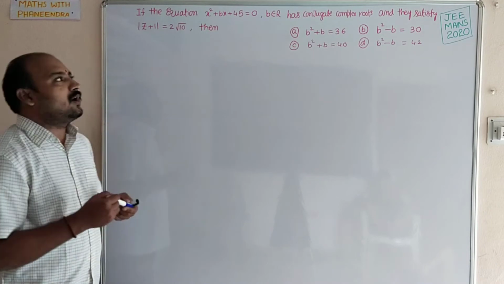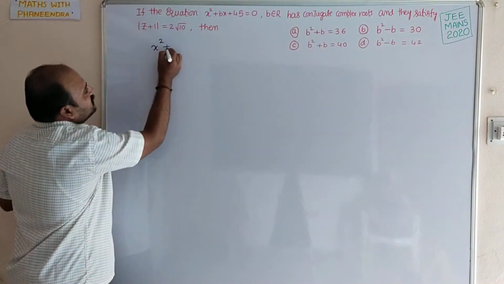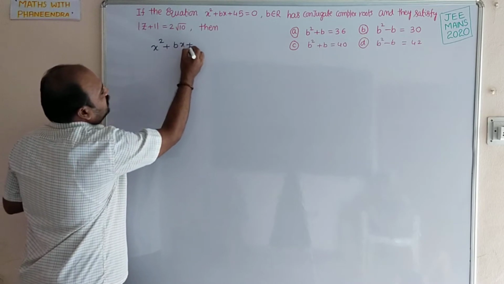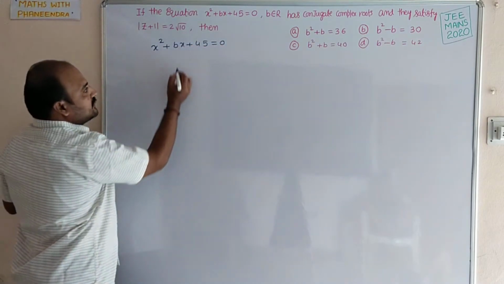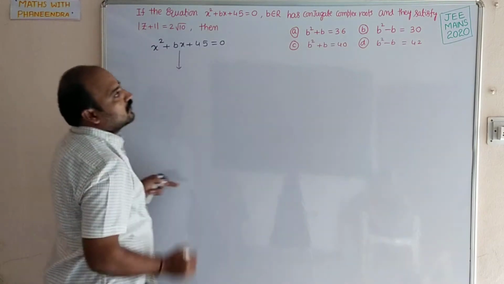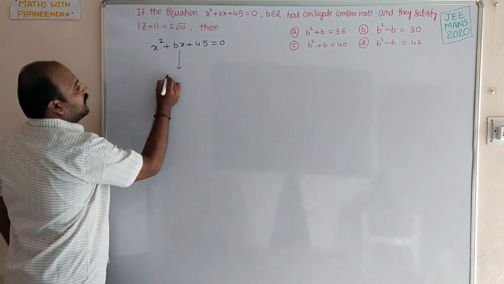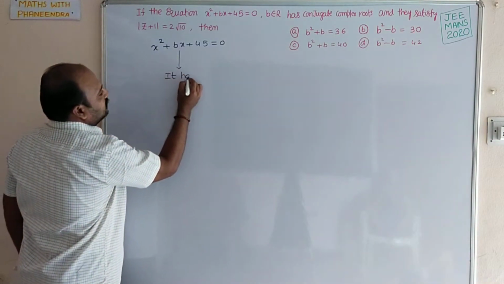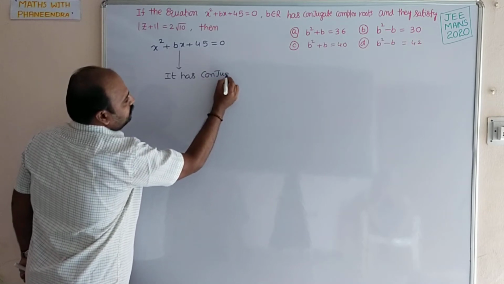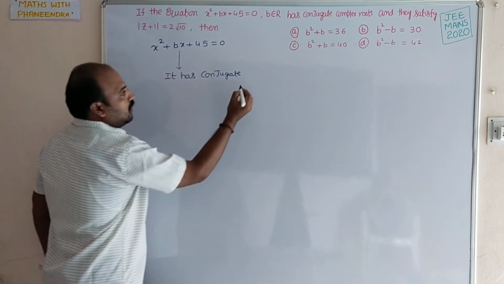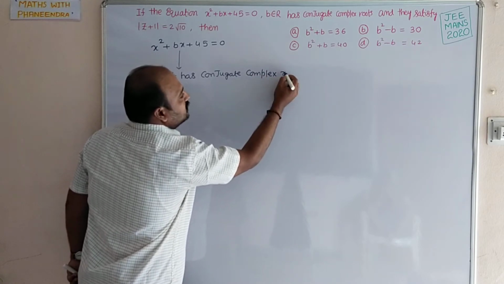First you have to write the quadratic equation x square plus bx plus 45 equal to 0. It has conjugate complex roots. That means the roots are complex numbers.